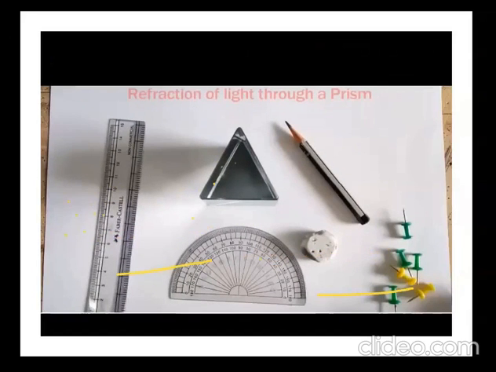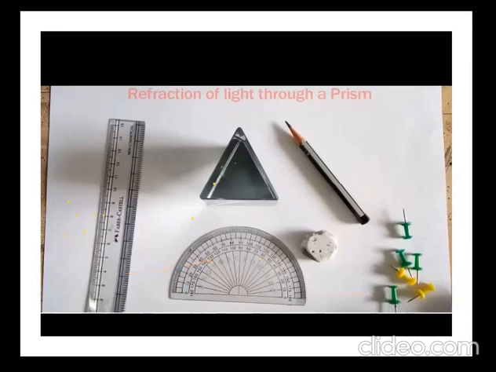Okay, now you can take out your NCERTs, and in your NCERT take out the chapter the human eye and the colorful world, and there you can see the refraction of light through a prism. This is an activity, children, and for this activity you will require the following apparatus as you can see in the picture.